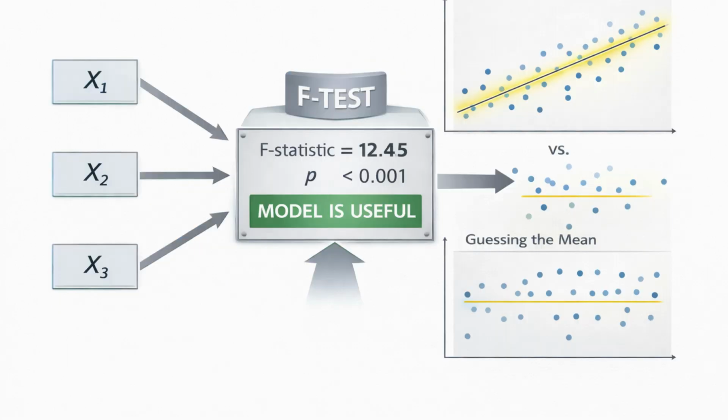Another one is the f-test for the overall model. We also use an f-test to see if our entire model is useful. The null hypothesis is that none of the predictors are useful, that the model does no better than simply predicting the mean. A significant f-test tells us that our model as a whole explains a significant amount of variance in the outcome.